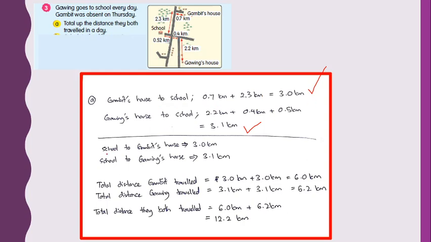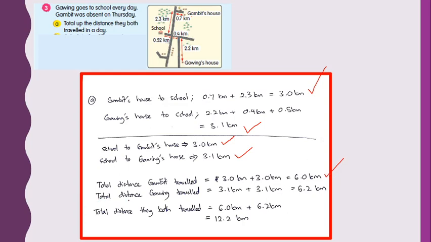So daripada sekolah pula nak pergi ke rumah, school to Gambit's house 3.0 km. School to Gawing's house 3.1 km. Okay, so total distance Gambit travels: 3 km pagi pergi ke sekolah plus 3 km balik dari sekolah ke rumah. So 6.0 km a day, right?